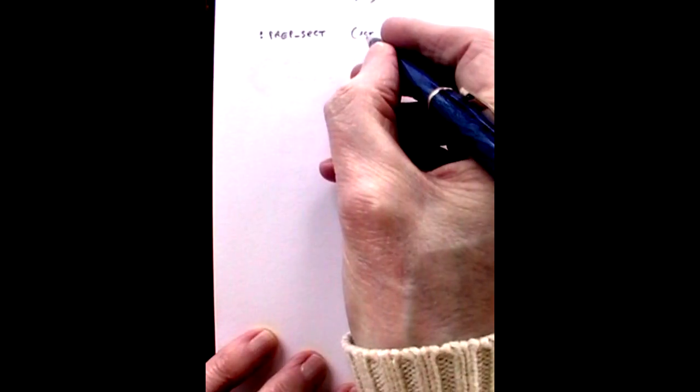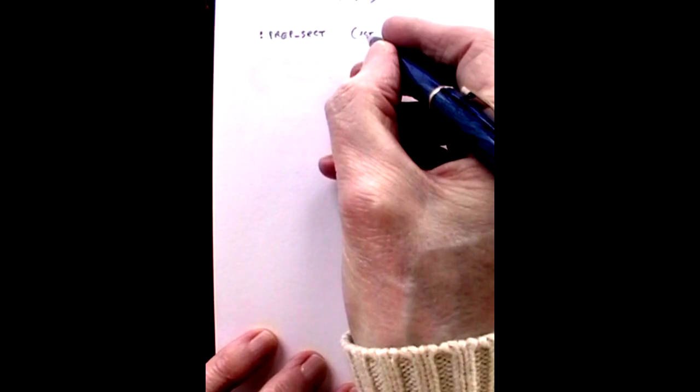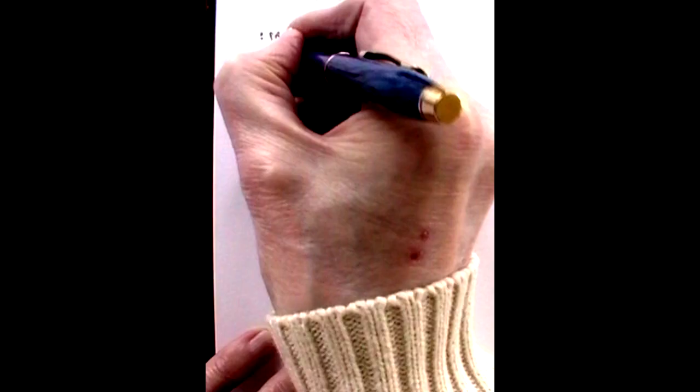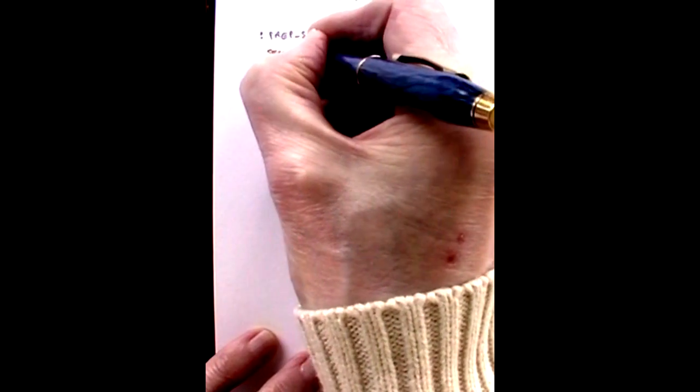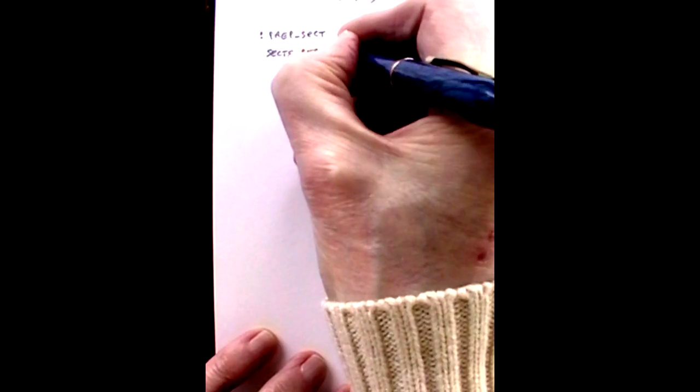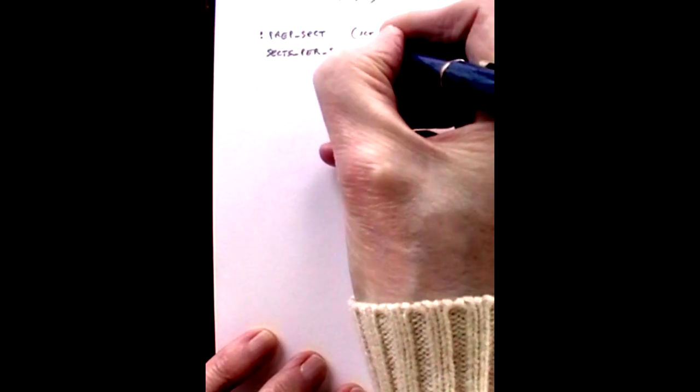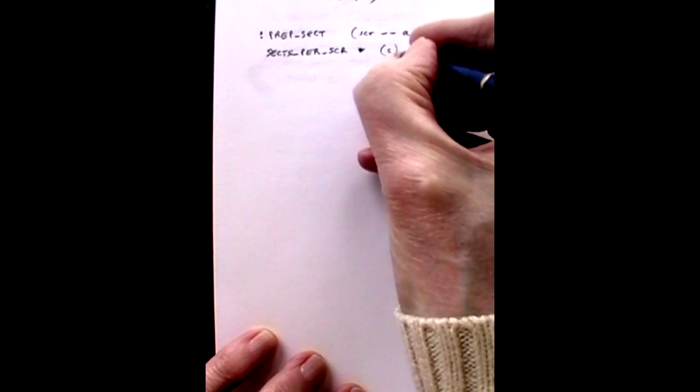So to convert the screen number to the sector number, we multiply by 6, or more generally, multiply by sectors per screen. So that will give us the sector number on stack.